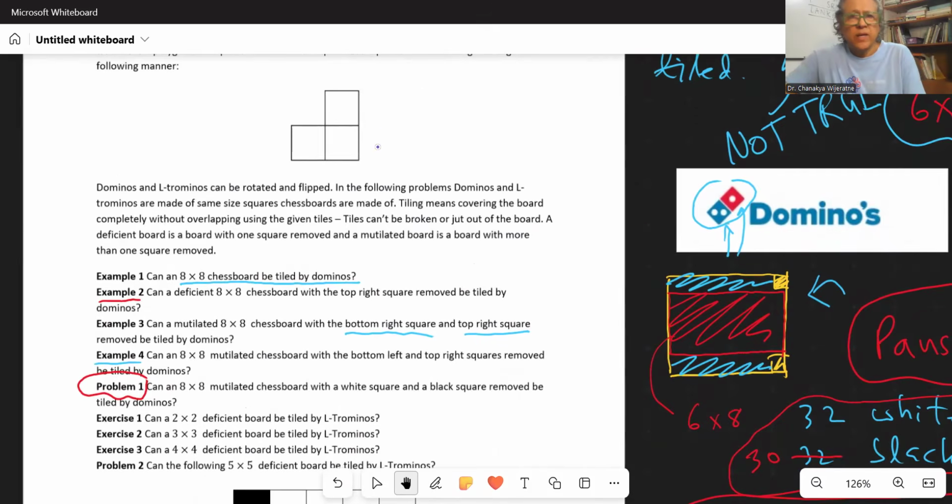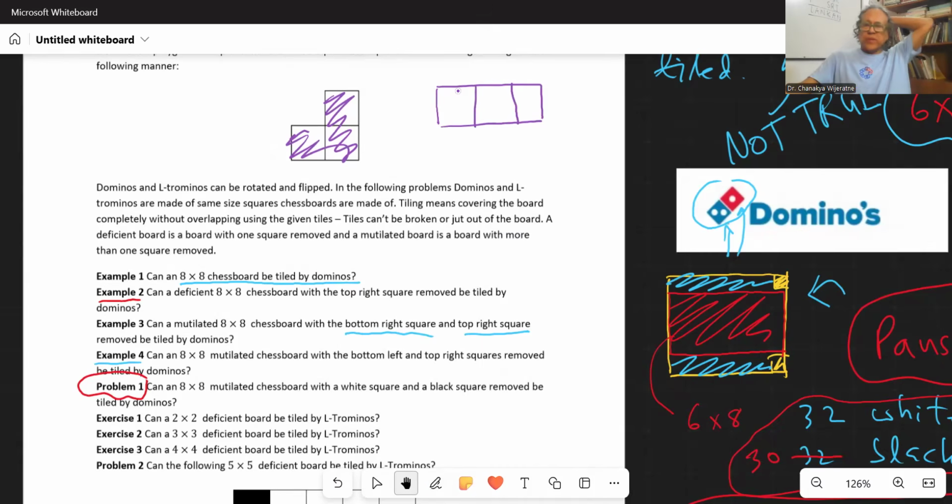This one is an L domino, it's L shaped. Also, we have the I domino like this, three squares. So this is the I domino, and this is the L domino.